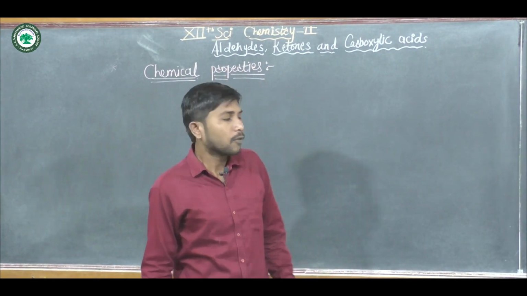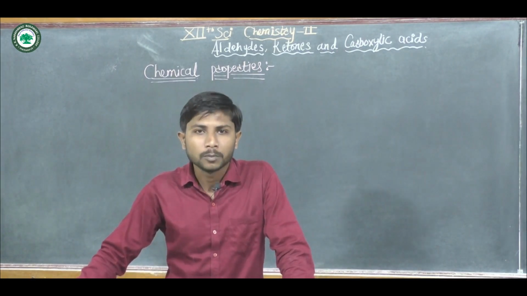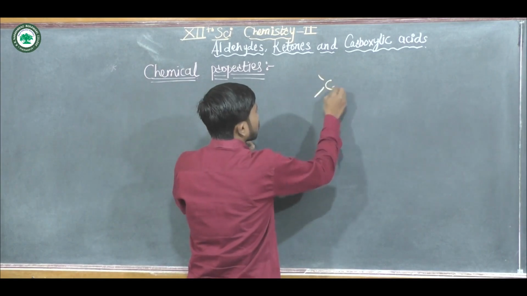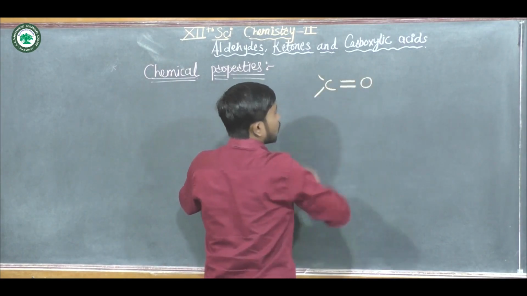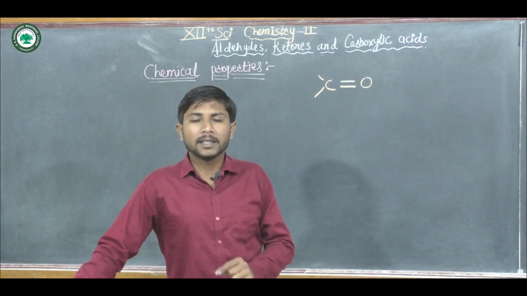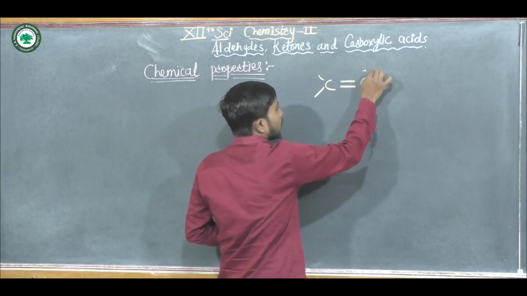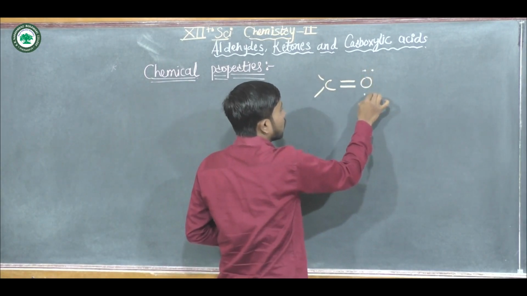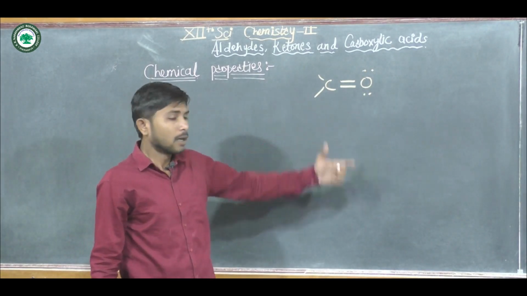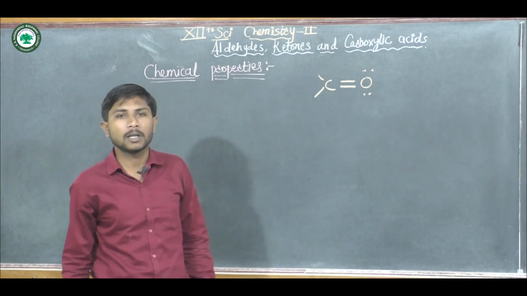Firstly we have to note the carbonyl group, that is C double bond O. Firstly, we have to understand the polarity in the carbonyl group. Oxygen has lone pairs of electrons, and there is a large force of attraction as compared to the unsaturated carbon-carbon double bond.